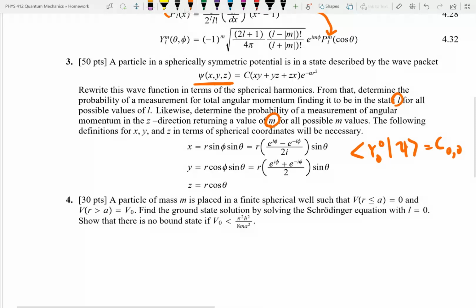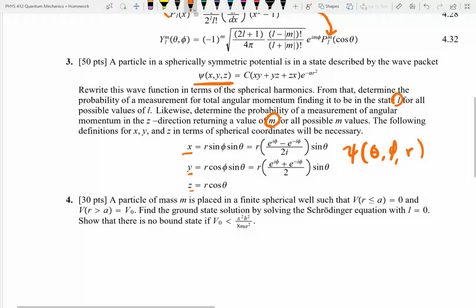So don't do that. After substituting the x, y, and z in the appropriate places, you will have psi as a function of theta, phi, and r.